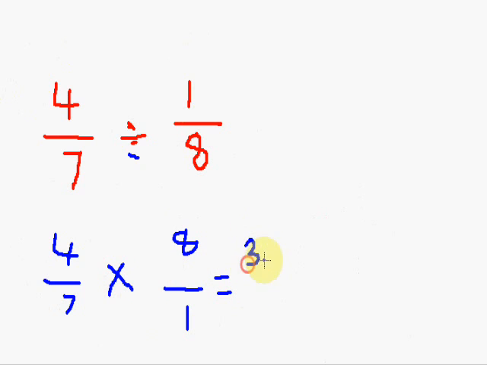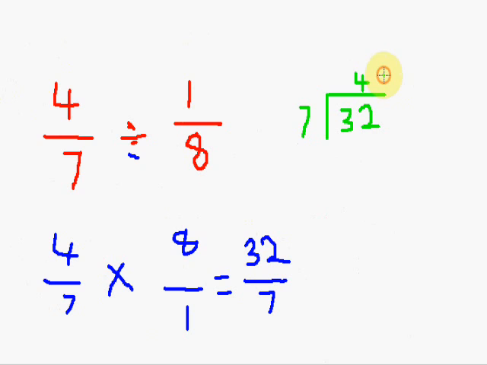We have that 4 8s are 32, and 7 1s are 7. Again, we have an improper fraction that if we want to, we can write as a mixed number, and that's something that we're going to be doing right now. So 7 into 32, we know that 7 4s are 28, and 28 and 4 will give us 32.